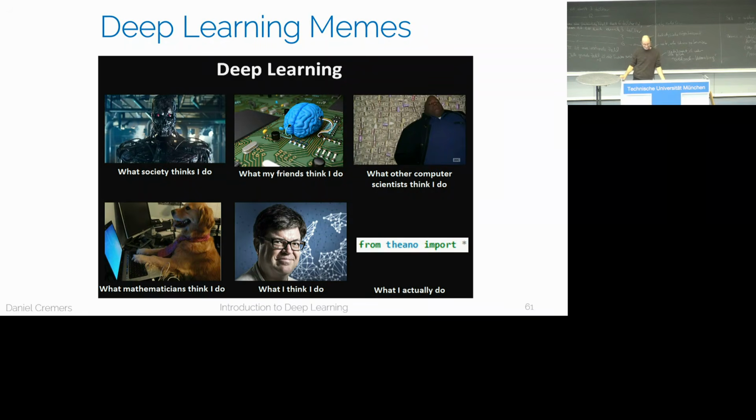What my friends think I do, somehow combine a brain with a chip or something. What computer scientists think I do, just sleeping on a stack of cash. What mathematicians think I do, just a stupid dog who codes things. What I think I do, obviously, the guy thinks he's Jan LeCun. And what I actually do: from Theano import. So this is the popular software library that a lot of people were using.